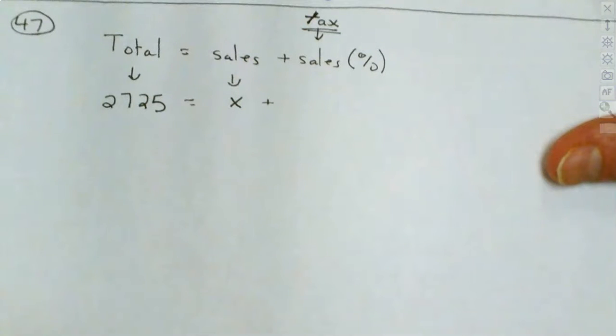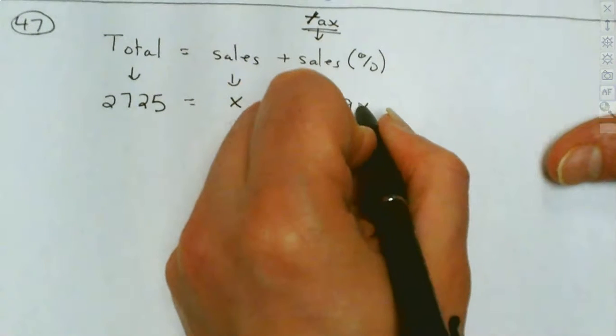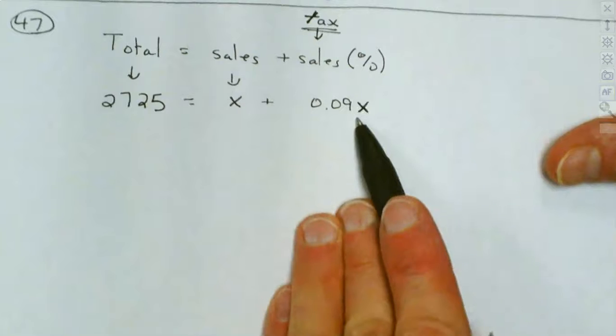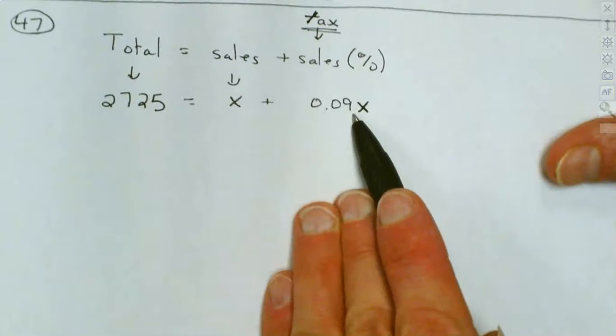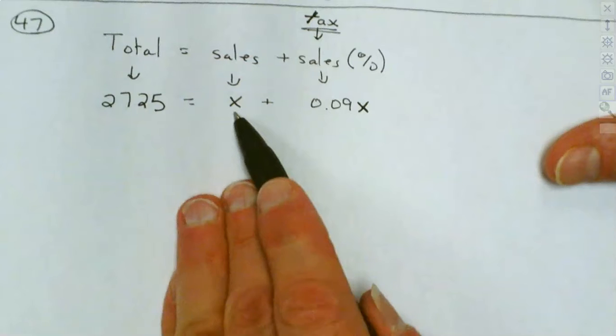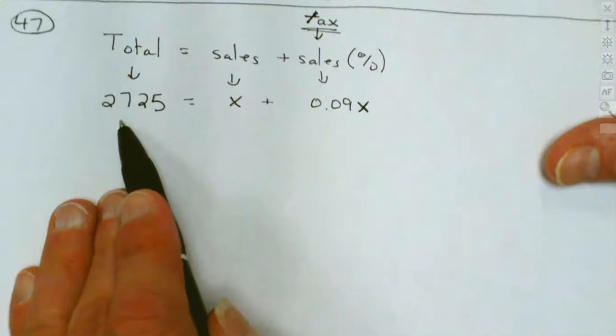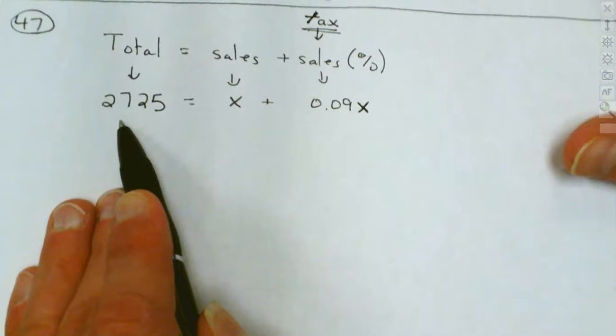And we know our sales tax rate is 9%, so that's going to be 0.09x over here, because that represents your tax. Okay, so here's the items. So this might be the price of the TV. This is our sales tax on that TV, and that's what the cash register drawer gets, what Walmart would get when you bought that TV.